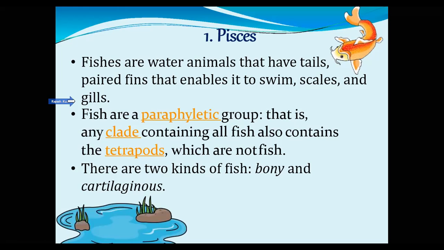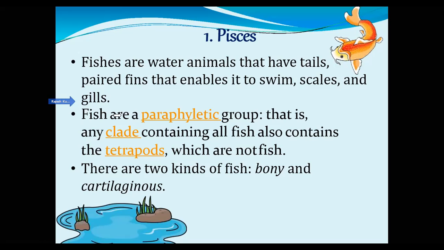In water, oxygen is dissolved, and that dissolved oxygen is extracted by these gills. Gills are specialized structures present in fish in pairs, one on the right side and another on the left side, just at the position of ears, like our ears.